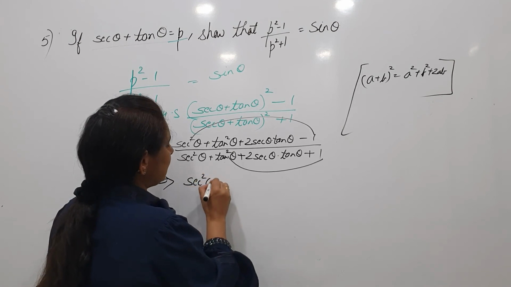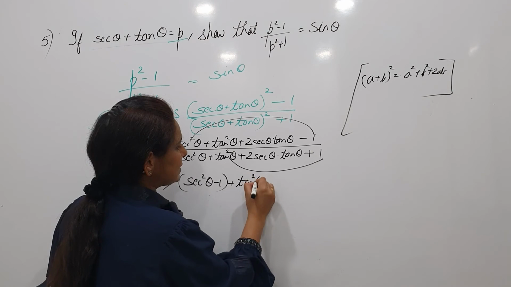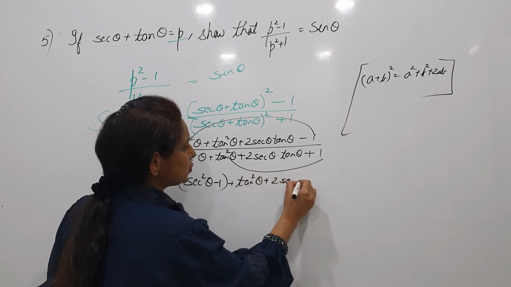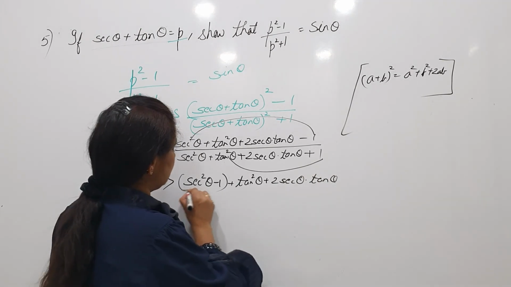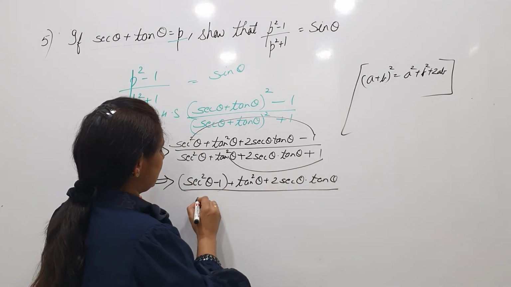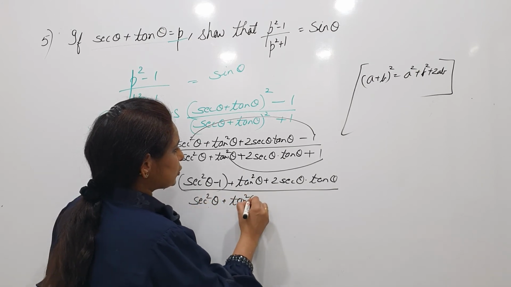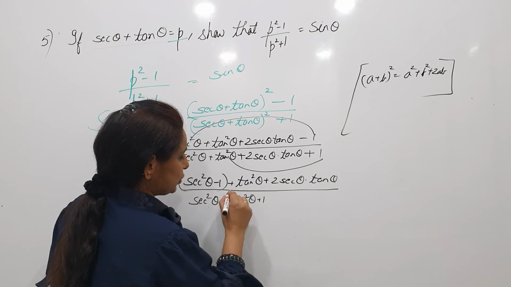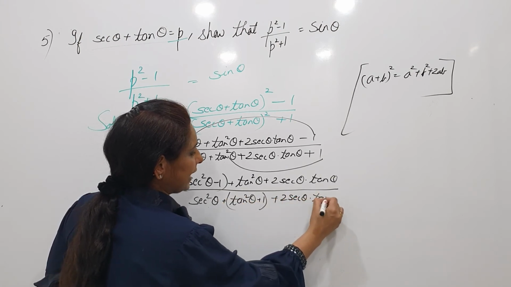Sec square theta minus 1 plus tan square theta plus 2 sec theta tan theta becomes your numerator. And as I told you, we will take this together. This will be sec square theta plus tan square theta plus 1 together and plus 2 sec theta tan theta.